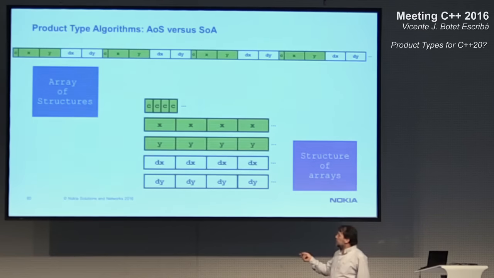And if the algorithm needs only C, X, Y, we are having all this data occupying the cache and it is not used. Then what I mean is that product types are good, but sometimes we need to move to a structure of arrays. And having the ability to introspect the product types, we are able to move from one to the other.